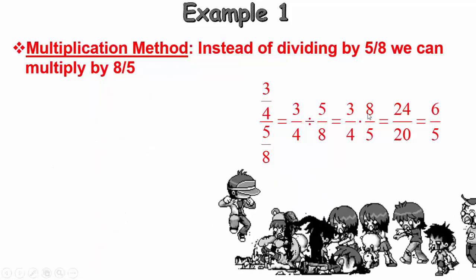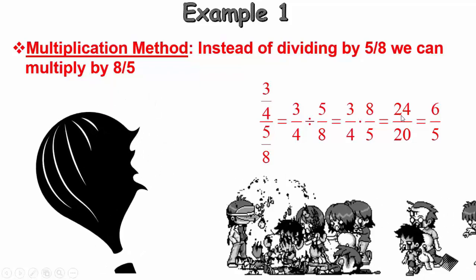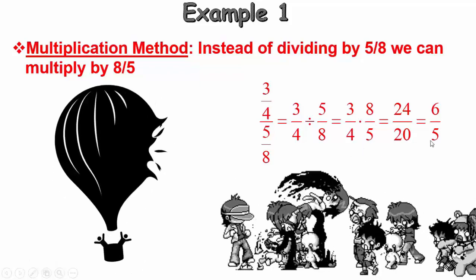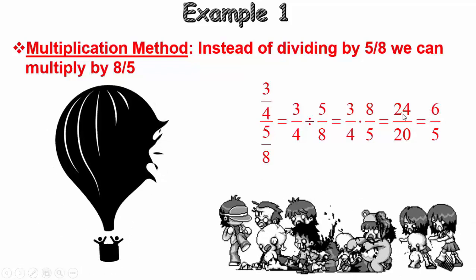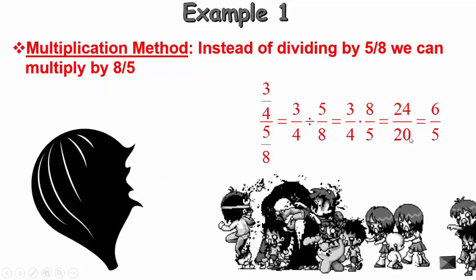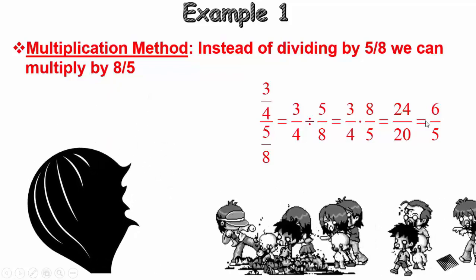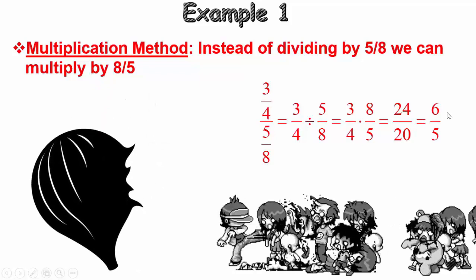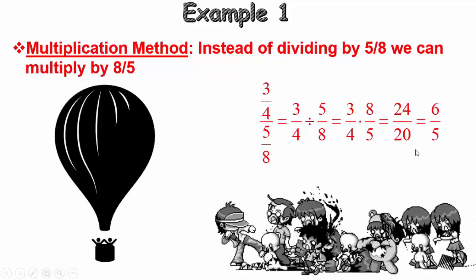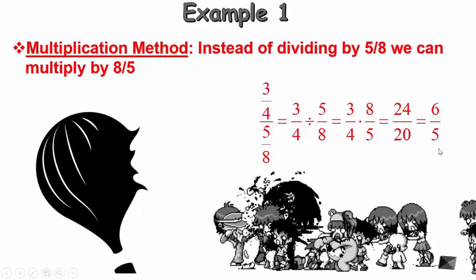And we see that 3 times 8 is 24, and then 5 times 4 is 20, and then we reduce because 24 and 20, both of them are divisible by 4, so 24 divided by 4 is 6, and 20 divided by 4 is 5.